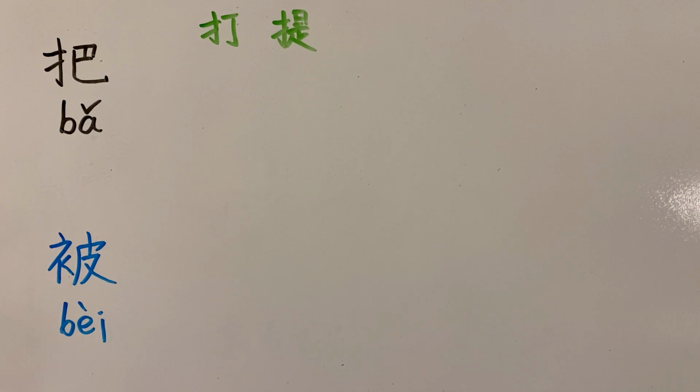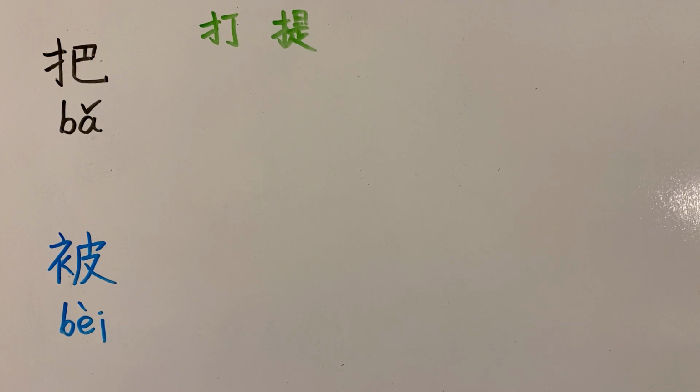But if you use 把 as one word, it means to hold. 把着门, he holds the door. 他把着门. 门 is the door. This is very funny, right?